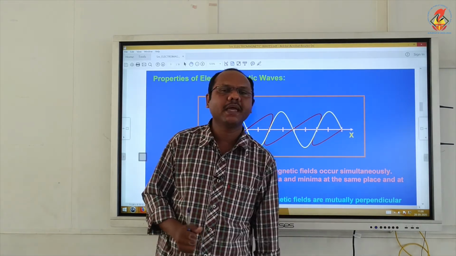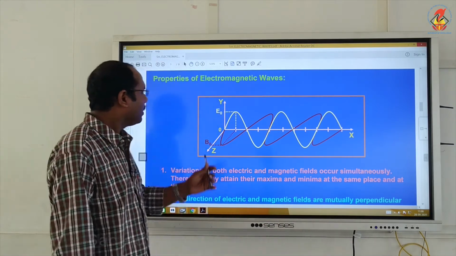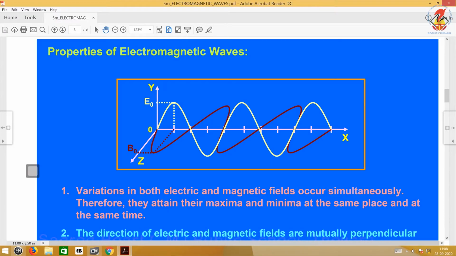So, the main thing about electromagnetic wave is that, here I have just given a figure of the electromagnetic wave which is propagating along the positive x-axis. As the wave is propagating along the positive x-axis, you can see I have marked a wave in the yellow color, that is actually electric field oscillation.